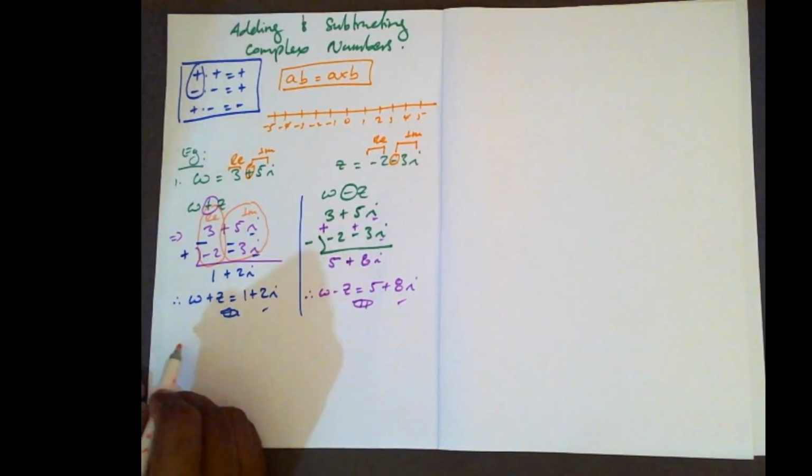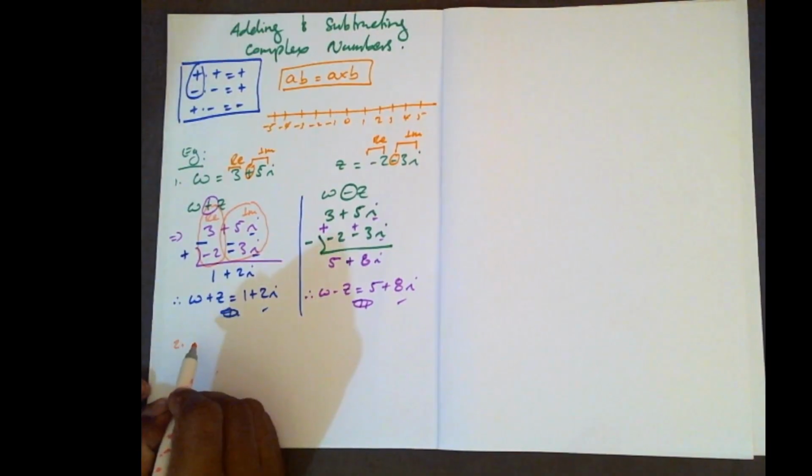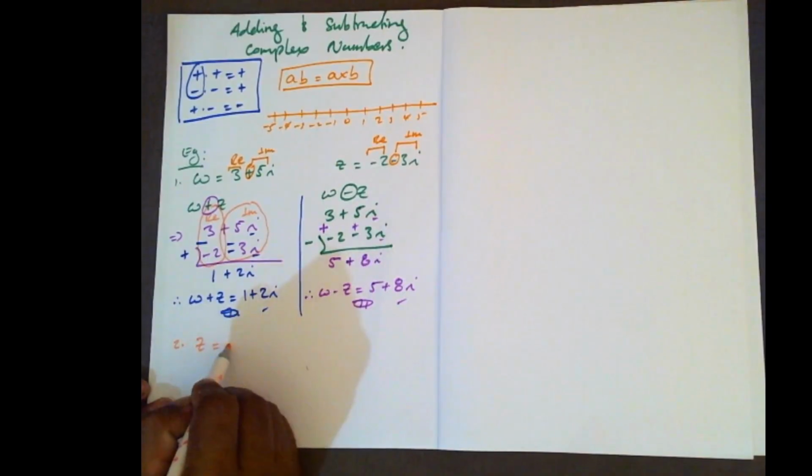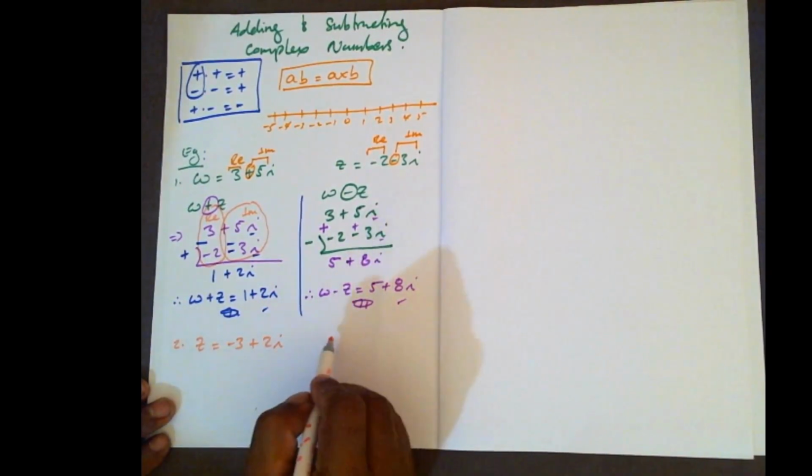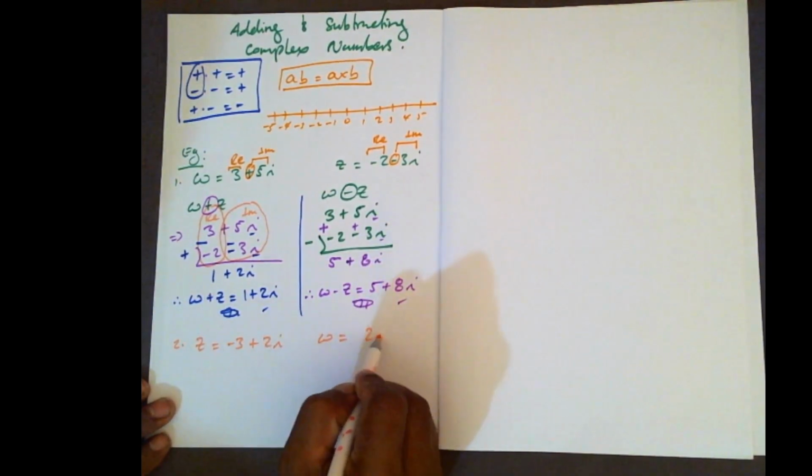Let's look at another example. Let's say z is equal to minus 3 plus 2i, and our omega is 2 minus i.